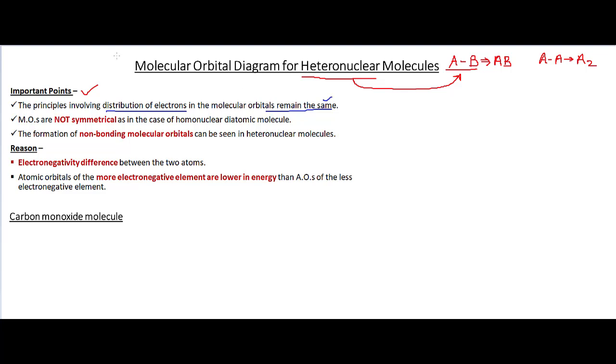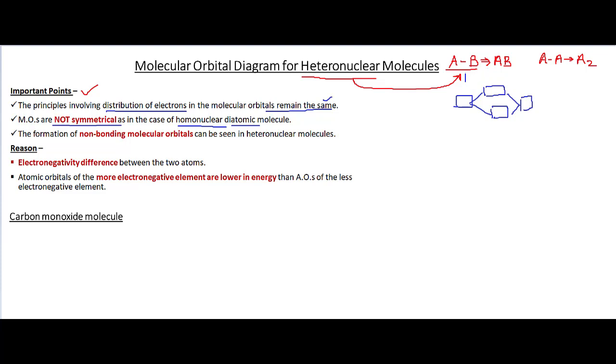Then what is the change? For heteronuclear molecules, the molecular orbitals are not symmetrical, as we had seen for homonuclear diatomic molecules. Not symmetrical means you won't get diagrams where the two atomic orbitals give rise to two molecular orbitals at an equal distance, and the higher orbitals again give rise to molecular orbitals at equal distance.